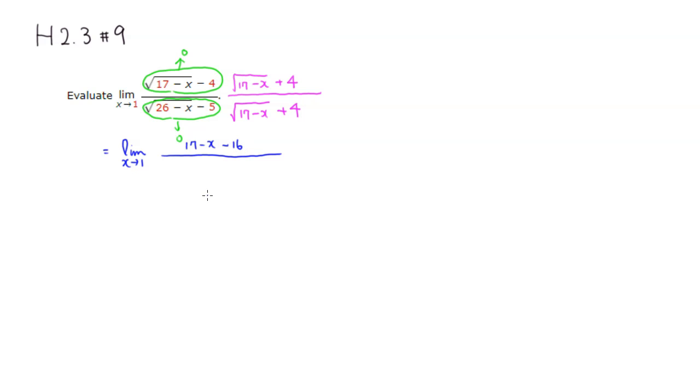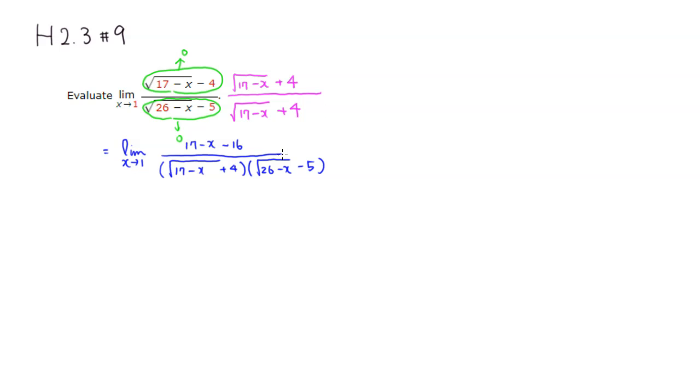For the denominator, there's not much you can do, so I'm just going to write that down. I'm going to put 17 minus x plus 4 in front, and then we still have the original denominator, which is square root of 26 minus x, minus 5.